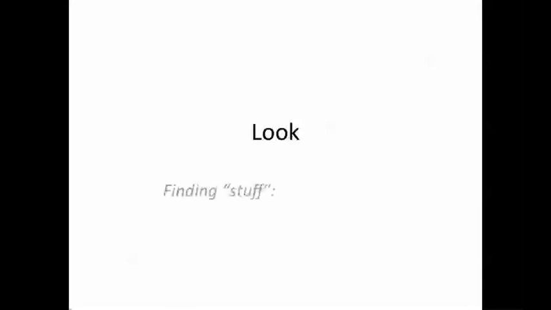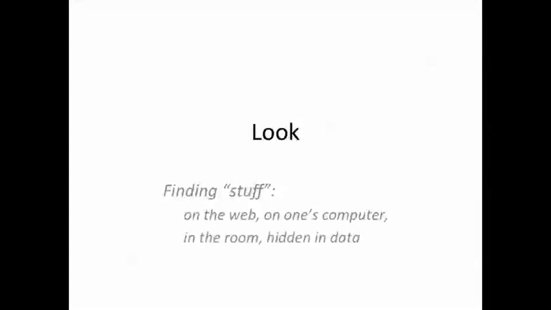For example, finding stuff on the web, finding stuff on one's computer, or even finding stuff when one looks around a room, when one looks at some data to find patterns which may be hidden in that data, or even finding stuff when one tries to recall things from one's memory. So finding stuff is really essential to what we consider intelligent behavior.